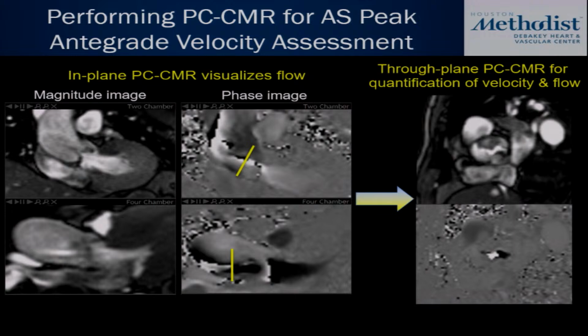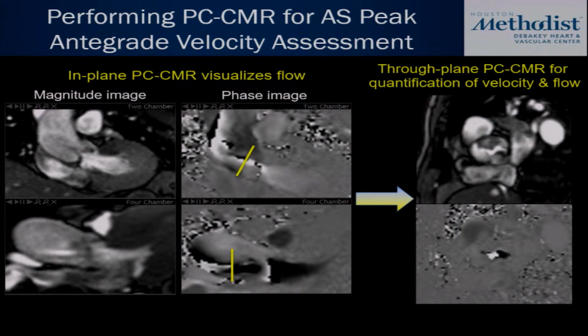So I can determine a peak antegrade velocity. We use this with something called phase contrast CMR, which is our echo Doppler. Basically, in echo Doppler, you have to be parallel to the flow of blood. With CMR, we have to be perpendicular to the flow of blood. This is just an example of how I would determine the velocity going through this aortic valve.